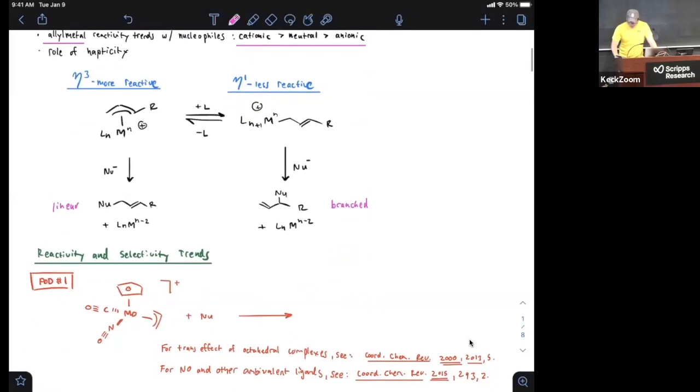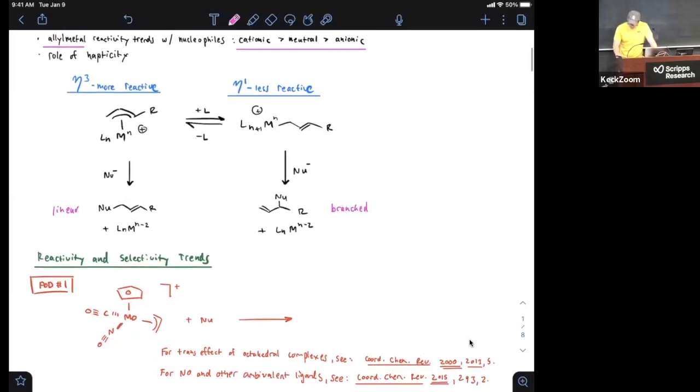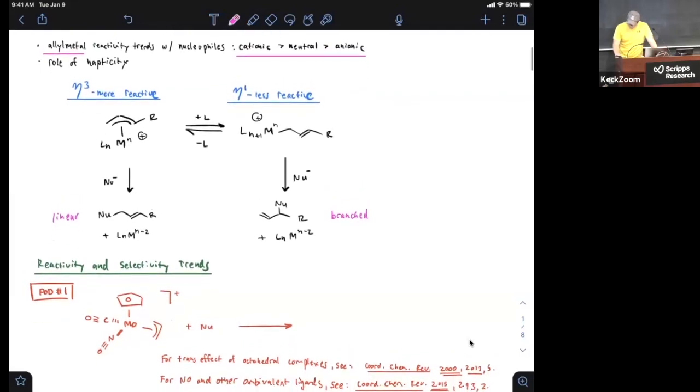Okay, let's take a look now at problem of the day number 1, which I have restated here. It's really like a warm-up problem of the day, just to get ourselves oriented. We're going to treat this molybdenum Cp allyl complex with a nucleophile, generic nucleophile here.